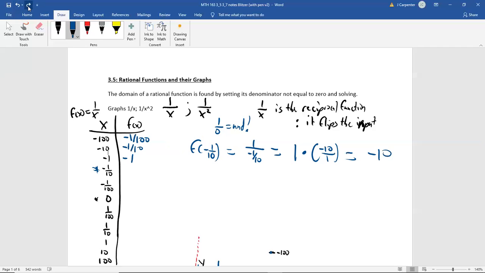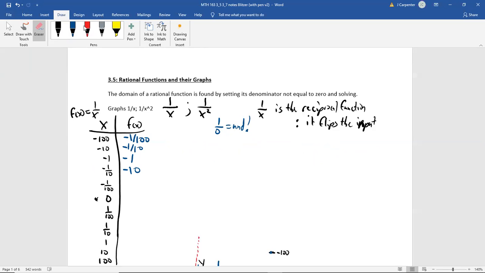Leave the work up there for a second. But the eraser's coming in hot. Dividing by a fraction means multiply by the reciprocal. If you're going on to Math 162, which is pre-calc 2, trigonometry next, this isn't going away. If you're going to calculus, this isn't going away. Fractions are never going away.